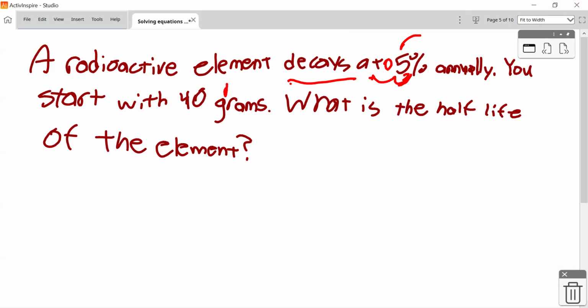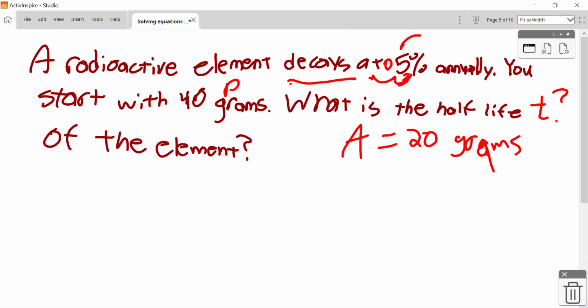You start with 40 grams, P. What is the half-life? So I know I'm looking for T, and I'm looking for T when P is cut in half. So then my A is going to be 20 grams. Y'all have to know what half-life means. There's going to be a half-life question on the test.